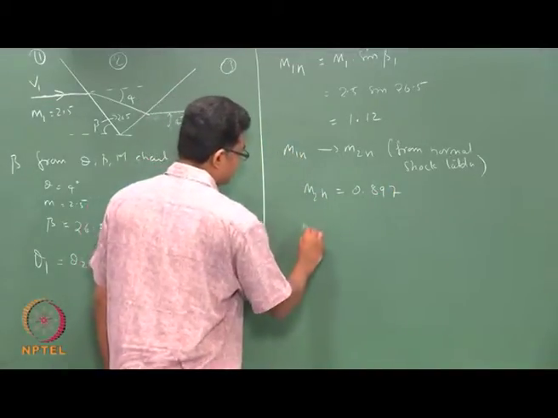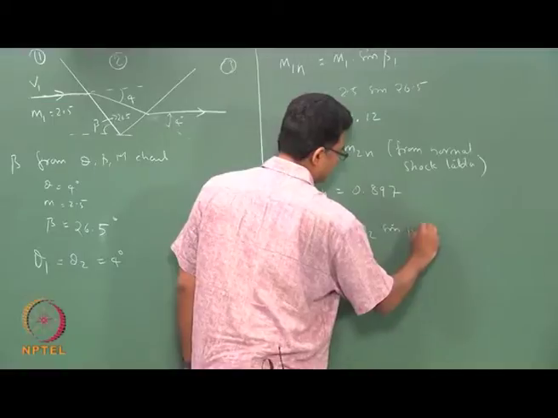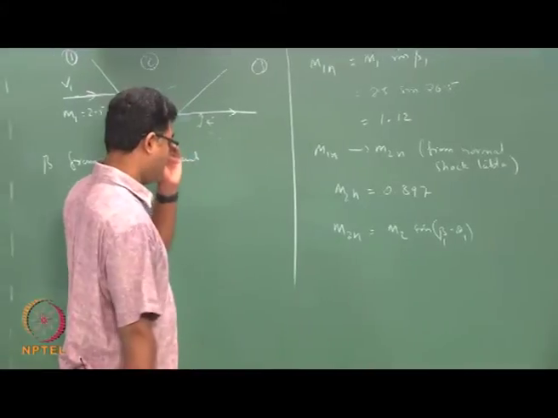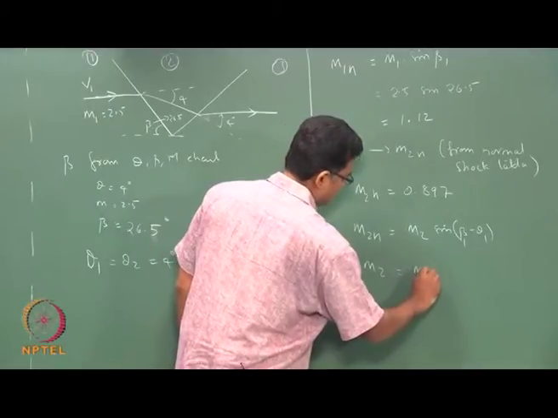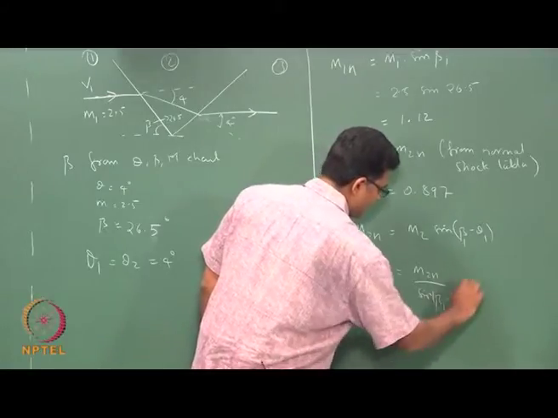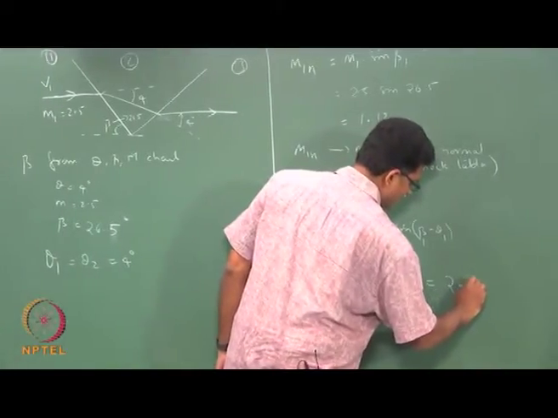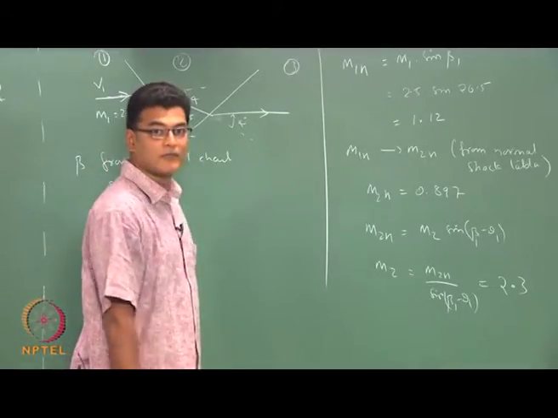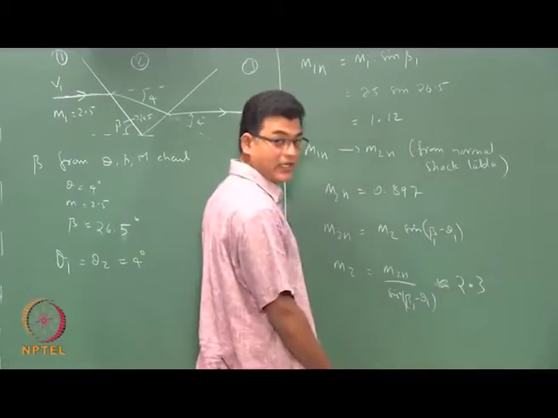Now, if I know M2n, I can get M2 from M2n divided by sin of beta 1 minus theta 1. Okay, so this is approximately 2.3.